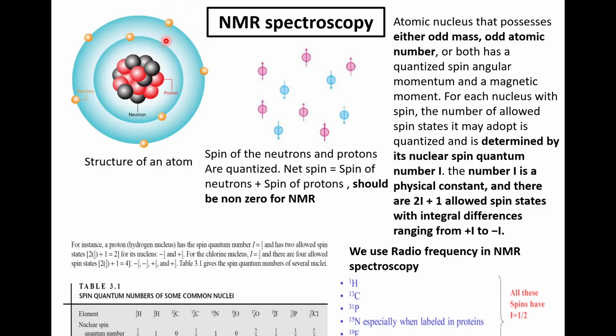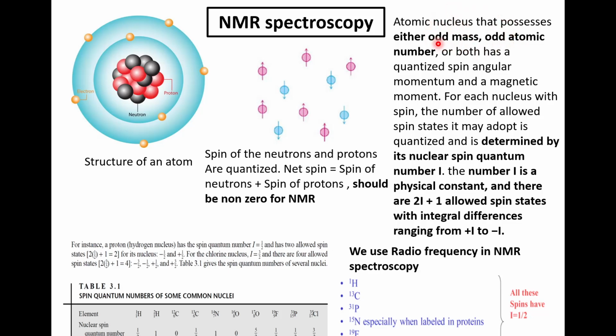But if there is an asymmetry in the nucleus, meaning the number of neutrons and protons is in odd number, okay, so the condition is that the atom should have an odd molecular mass or an odd atomic number.